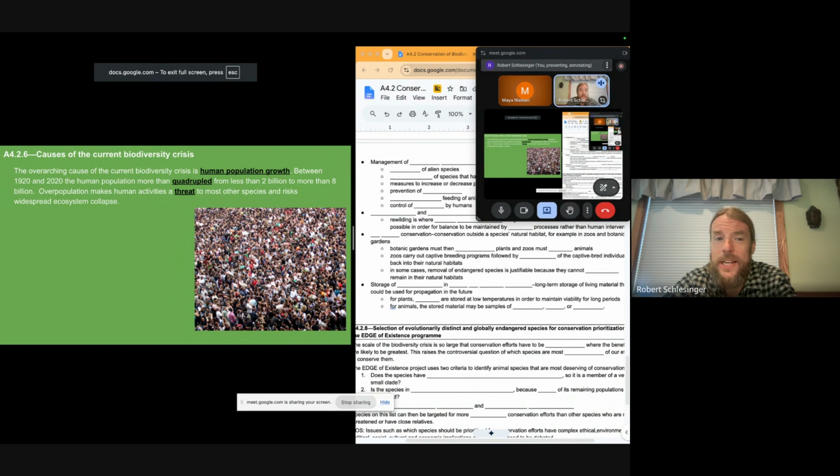If you're interested in human population growth, there's a really cool website called Gapminder, and it was started by a really famous award-winning Swedish economist. I think his name is Hans Rosling, and he passed away. But it's a really cool thing to mess around with.